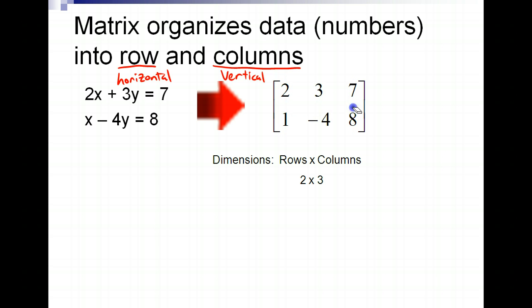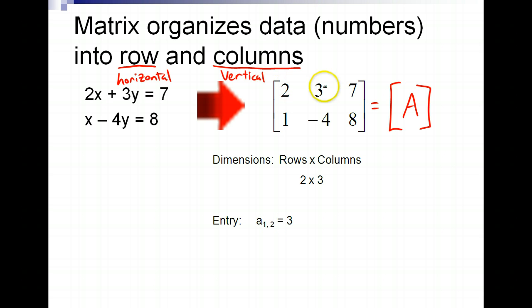Now each number in that matrix is an entry in the matrix, and each entry has a particular spot in the matrix. So if I call this matrix A, then entry A subscript 1, 2 is the entry A in my A matrix in the first row, second column.